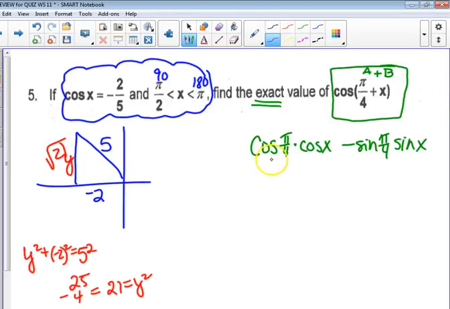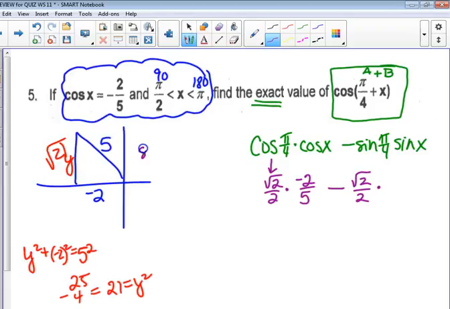Okay. Cosine of pi over 4 is? Okay. Cosine of x? No, -2/5, right there. They gave that one, right? Okay. Minus sine of pi over 4, also square root of 2 over 2. Sine of x, uh-oh.